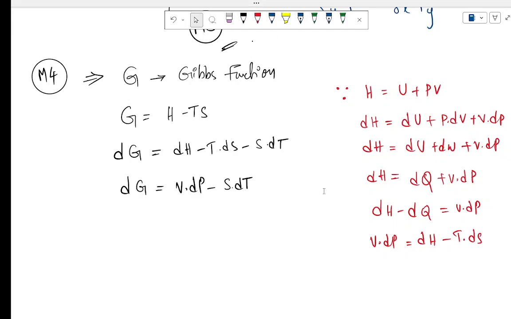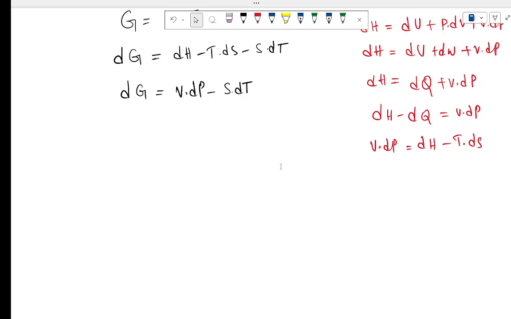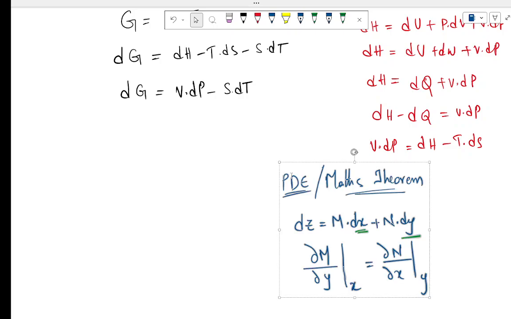I also have my maths formula or the PDE formula. So based on this PDE formula, in place of my m, I have V here. So I can write dou V by, in place of y, I have T here, so dou T. The constant x place I have p.